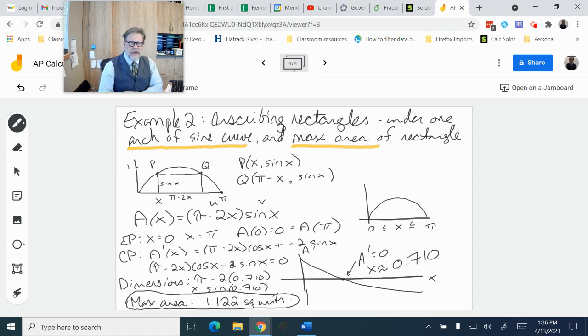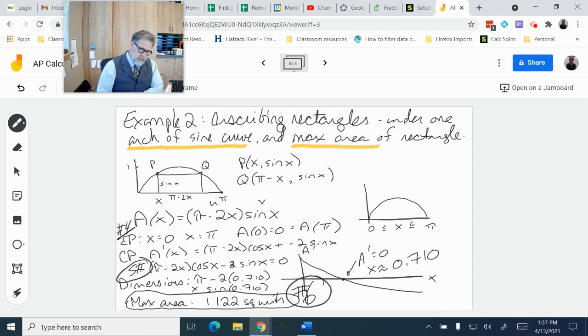Thinking back on the steps, I sort of whizzed through a few steps. This was step number 4, identify the critical points and endpoints. Number 5, we solved the mathematical model, which, having identified the critical points and endpoints, was the step where we found the x and came up with the dimensions. And step number 6, interpret the solution.